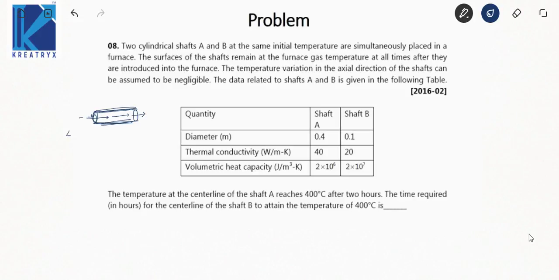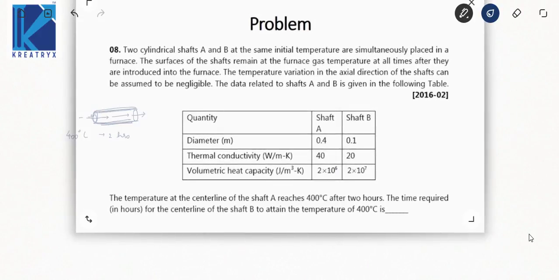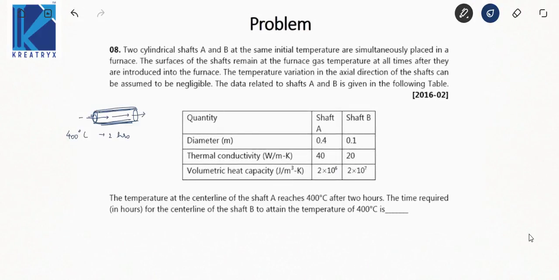Find the time required for the center line of the shaft B to attain the same temperature. Would you like to try it yourself? Very amazing question this is. Okay, if you have tried it yourself, let's solve this question.